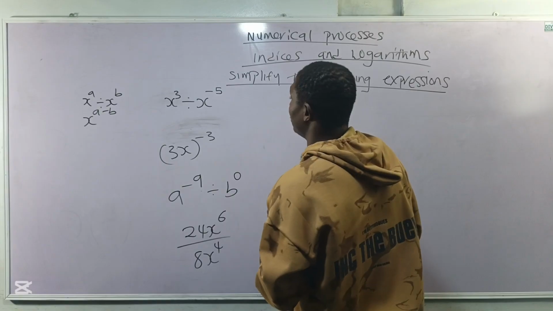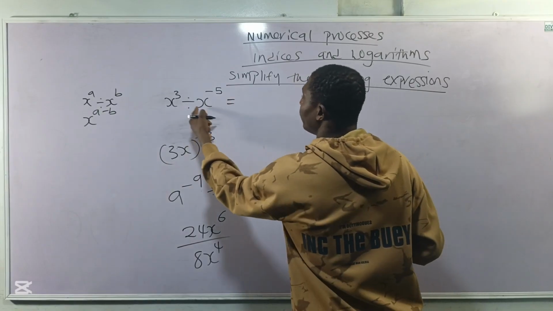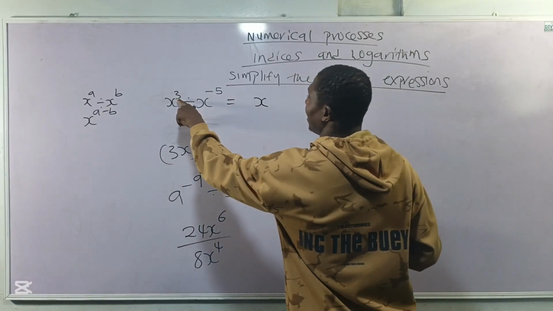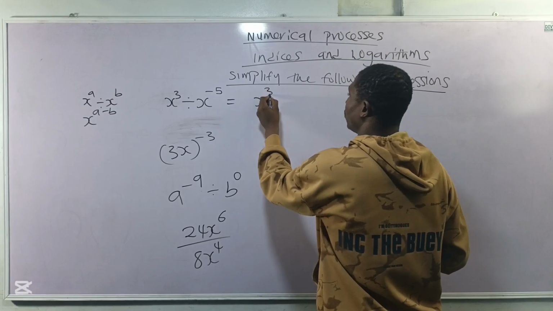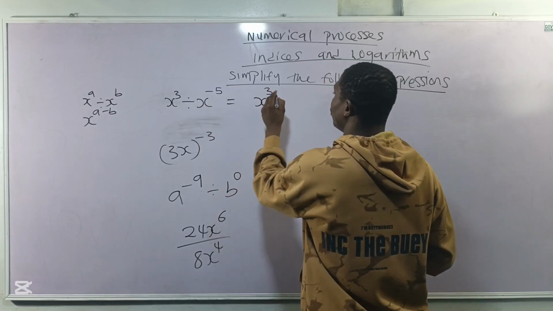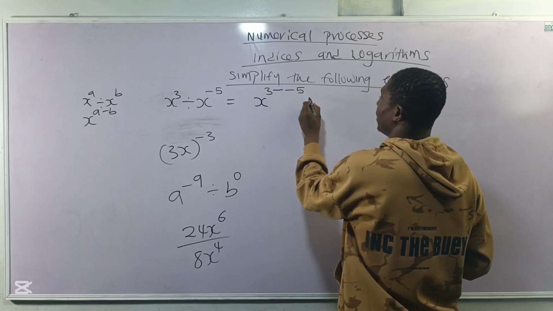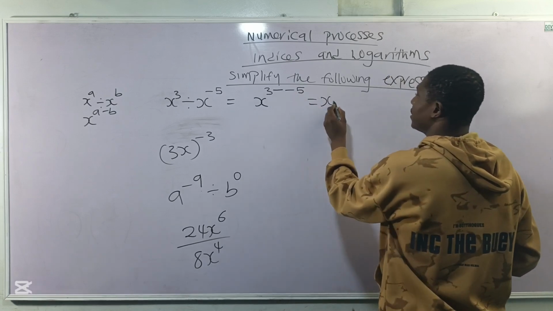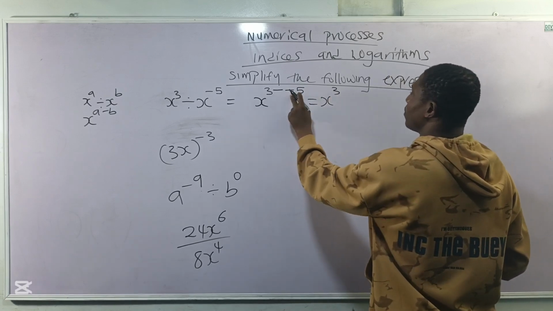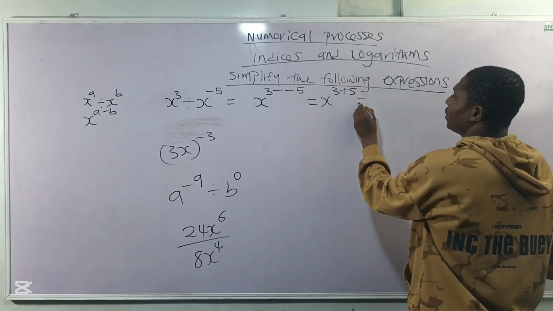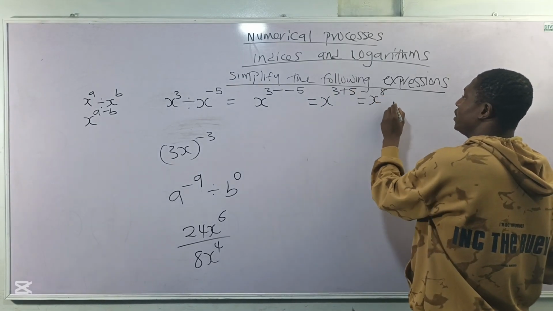So I'll do that here. We simply pick one of the base, which is x, and we'll pick our first number, which is 3, as power. Division is subtraction, and I have negative 5, I'll have my negative 5. This will simply give me x raised to power 3, minus minus is plus 5, giving me x raised to power 8.